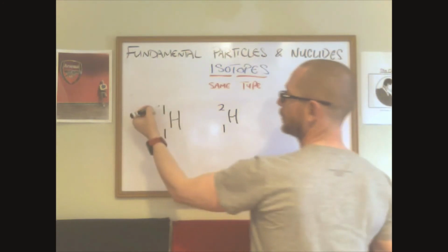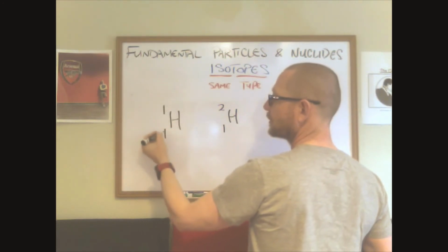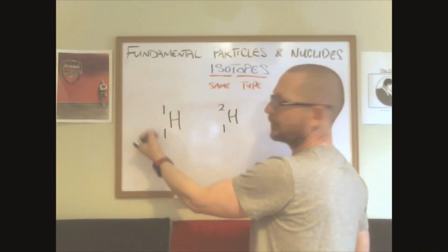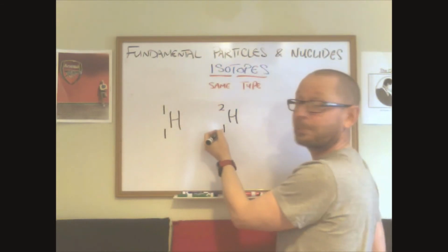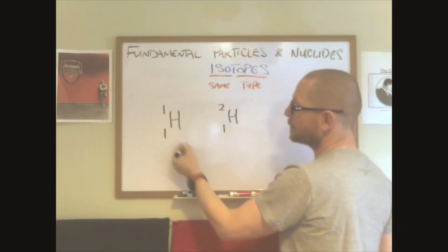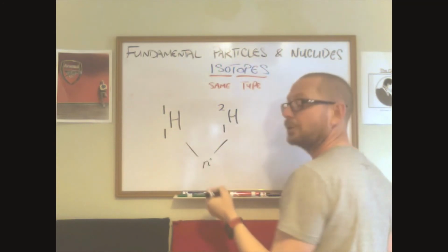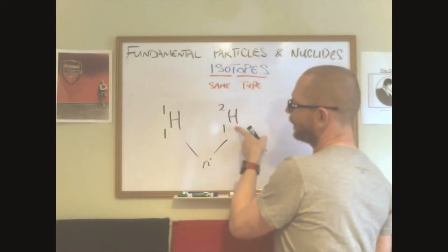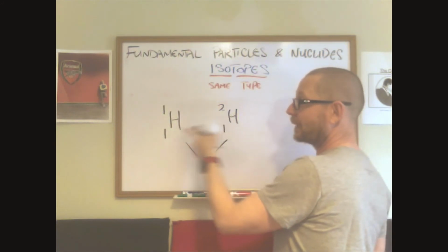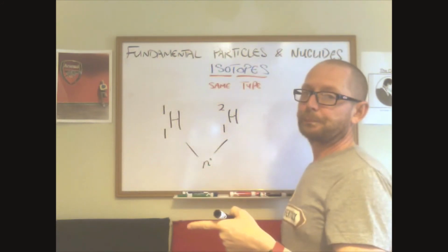Here we've got one thing in the nucleus, and it's got one proton. That's its nucleus. There are two things in the nucleus, and one of them is a proton, so I've got a neutron here. The difference between these two is one little neutron. But that means that the weight of this stuff is practically twice the weight of this stuff.